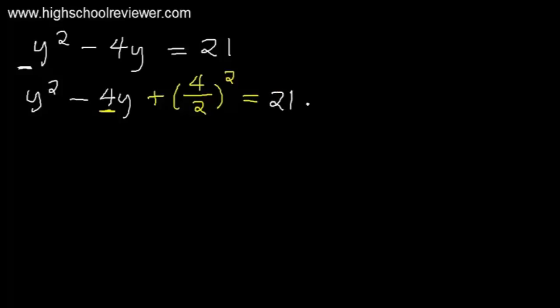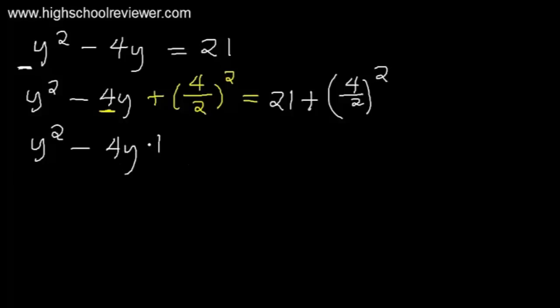So we have here 21, and we are going to add 4 divided by 2 raised to the power of 2. Then we have y squared minus 4y plus 4 divided by 2, which is 2, so this will be 2 raised to the power of 2, equals 21 plus 4 divided by 2 is 2, so 2 raised to the power of 2.